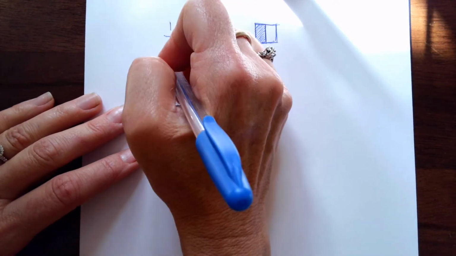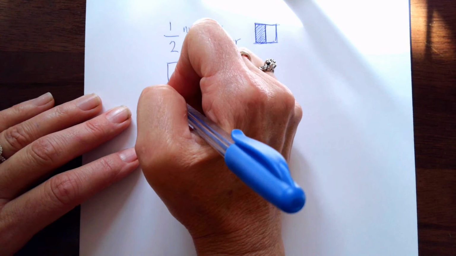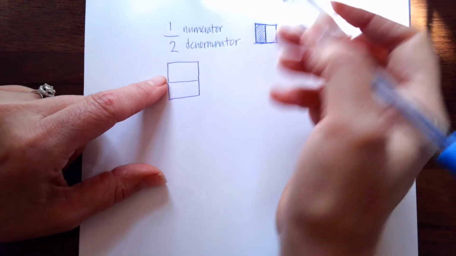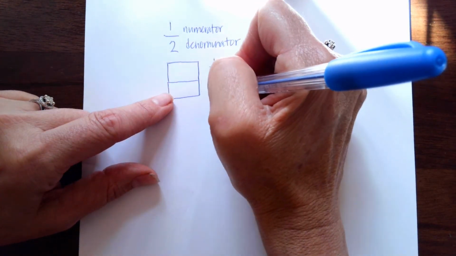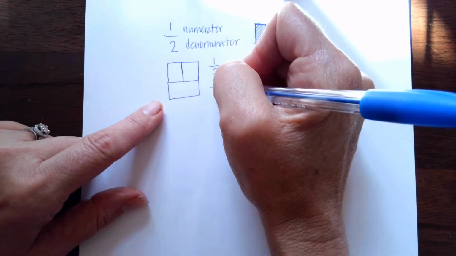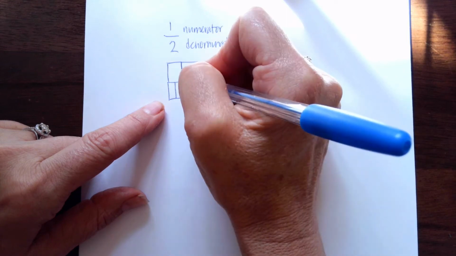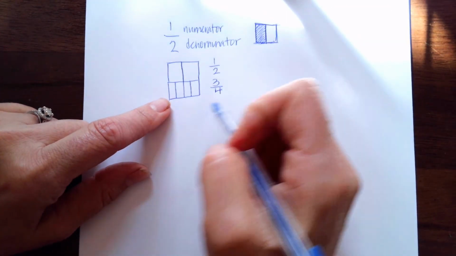So to find out if something is bigger or smaller, you would have to make sure that you use the same size box. And if they asked you what is bigger, 1/2 or 3/4, you're going to draw 1/2 and then you're going to draw 3/4. So we know that the denominator tells us how many pieces it's divided into.